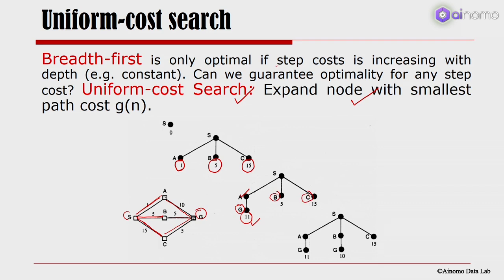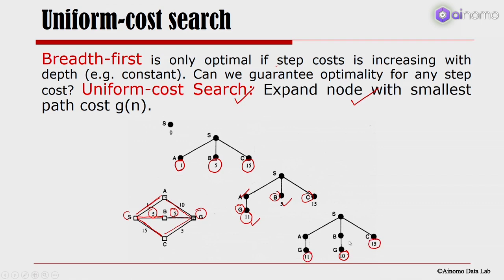So next, which node to expand? If I ask the same question, I expand the node with the smallest path cost, and therefore I expand B. Once I expand B, I get G with path cost 5 and 5, that makes 10, so the G cost is 10, and here it was 11, and now C is 15.